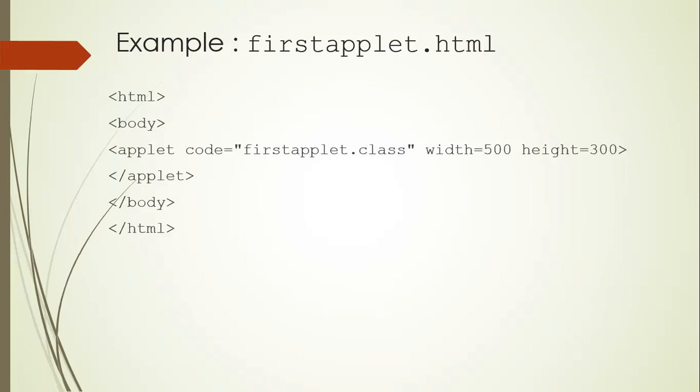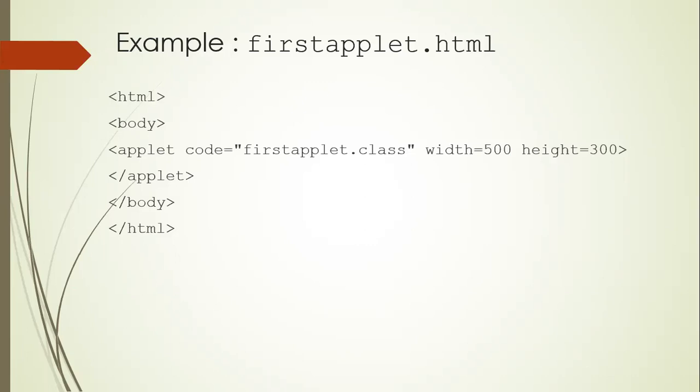I think you are all familiar with HTML tags. All HTML files start with the HTML tag. Within that we have head and title. After that we have the body tag.